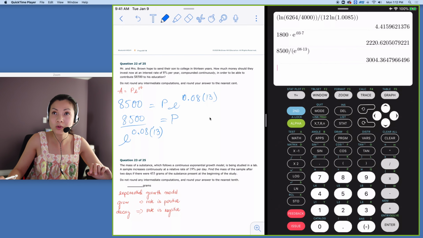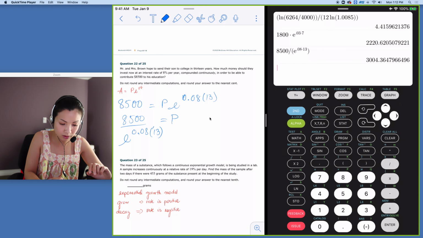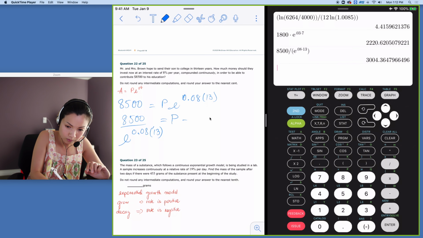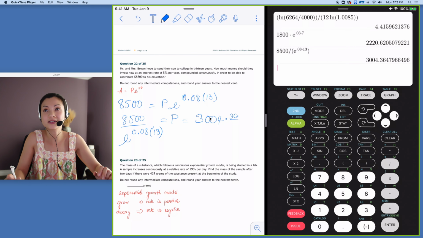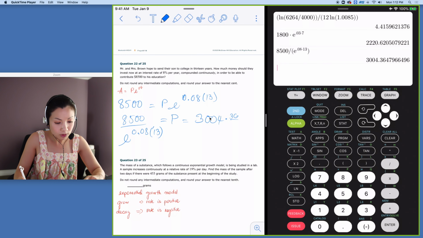Okay, so that's going to be the principal. Nearest cent, so it's going to be 36 cents. Okay, moving on to number 23.